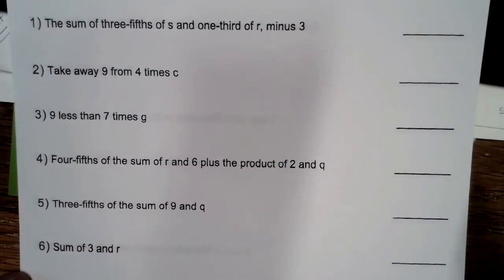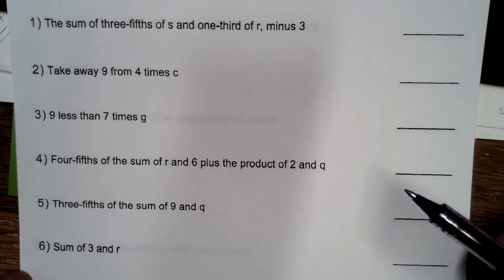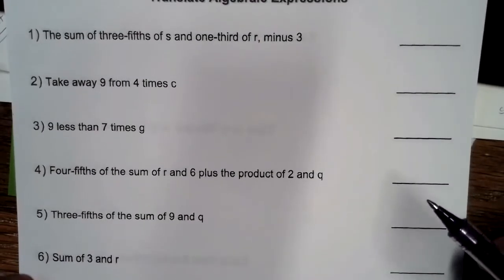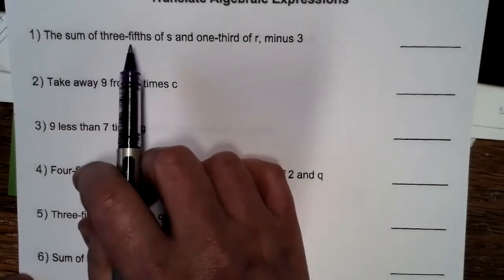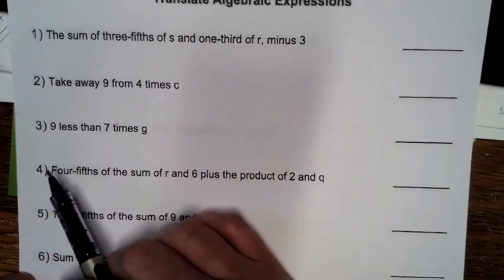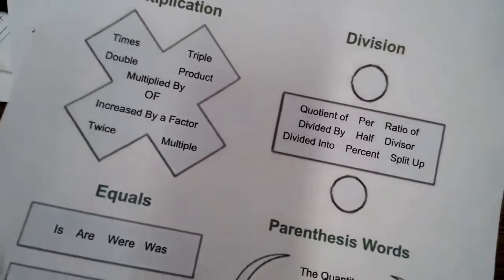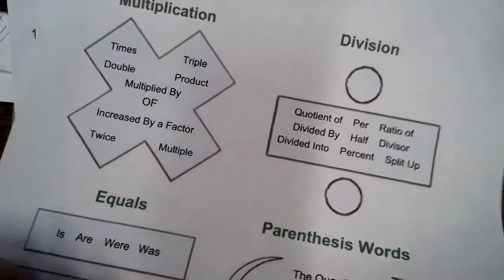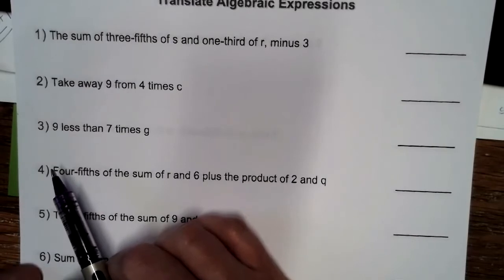We're looking at the first one, the sum of 3/5 of S and 1/3 of R minus 3. So we know it's an addition problem. 3/5 of, if we look at multiplication, of, and 1/3 of R minus 3.